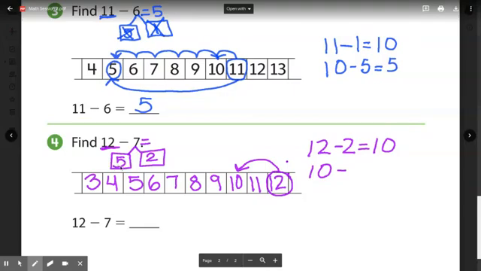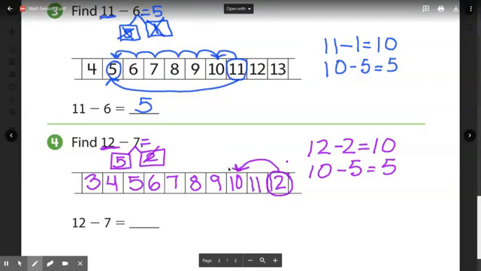So we still have 5 more that we need to subtract. I'm going to cross off that 2 so I don't get confused. And I'm starting at 10 because that's where I left. So I'm going to put this 5 over here. And I really hope this looks familiar. 10 minus 5, you guys should know that in your head. 10 minus 5 equals, tell me. 5. Super.